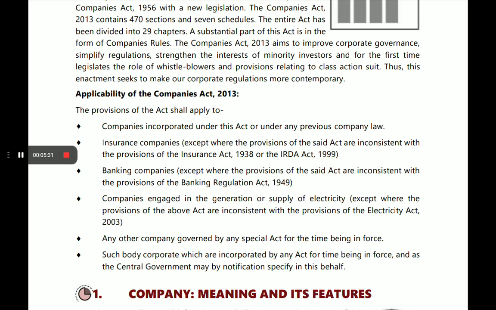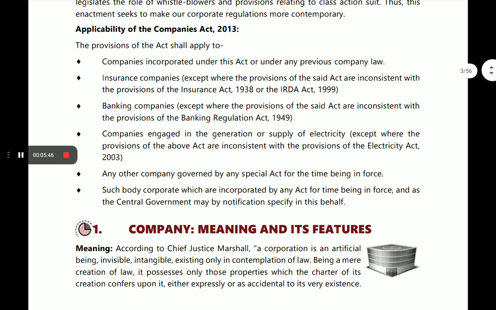Banking companies, except where the provisions of the said Act are inconsistent with the provisions of the Banking Regulation Act 1949.